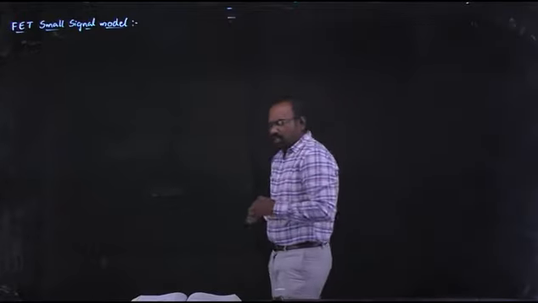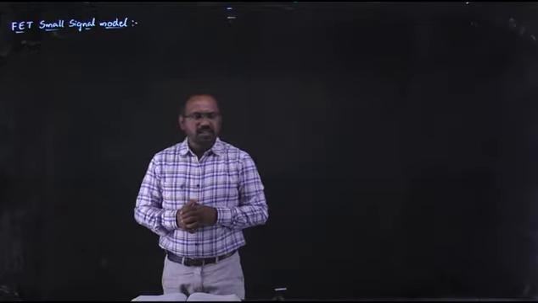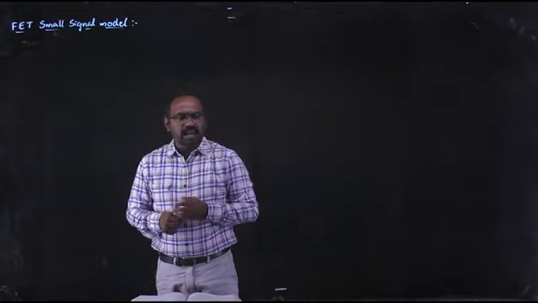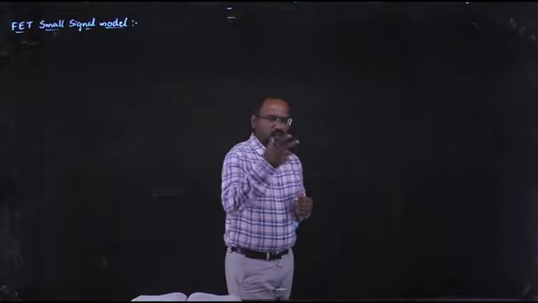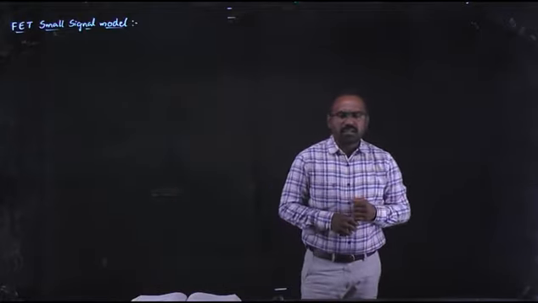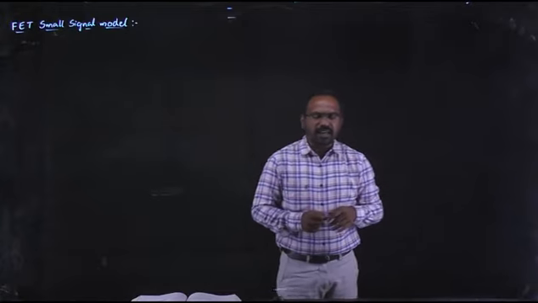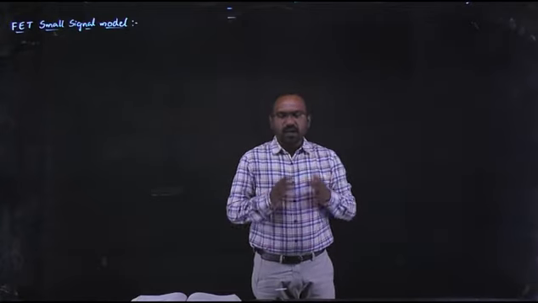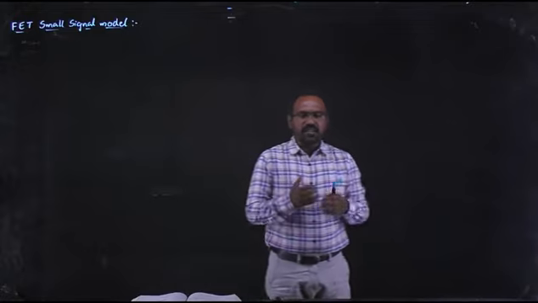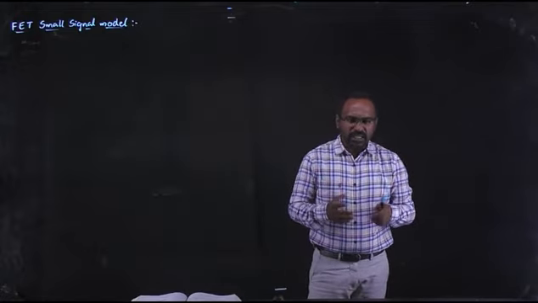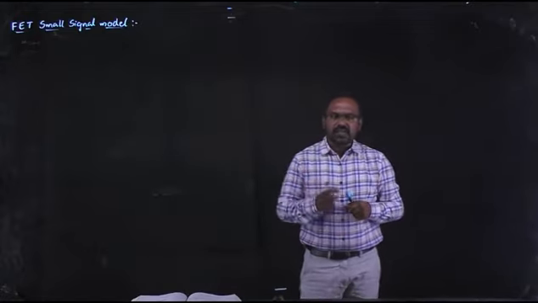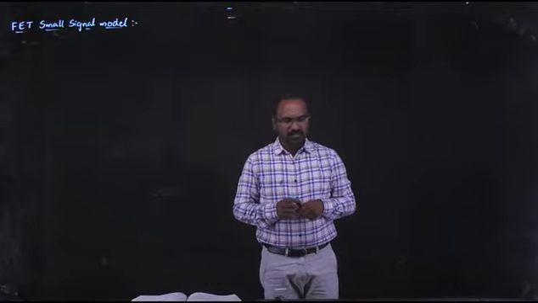Generally, we classify the frequency response of the amplifier into two ways: small signal analysis and high frequency analysis. Why? Because the behavior of the transistor varies as the frequency of the applied input signal varies.